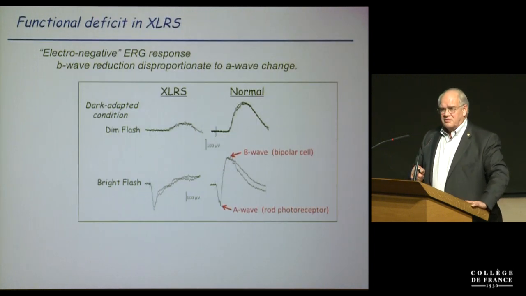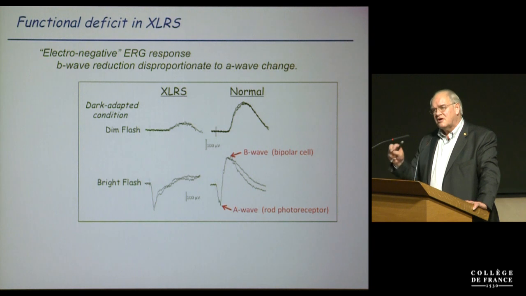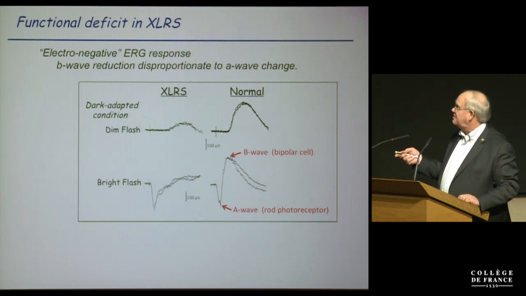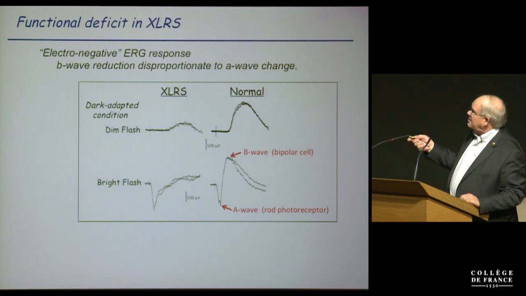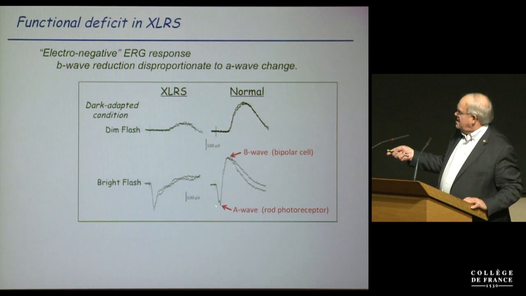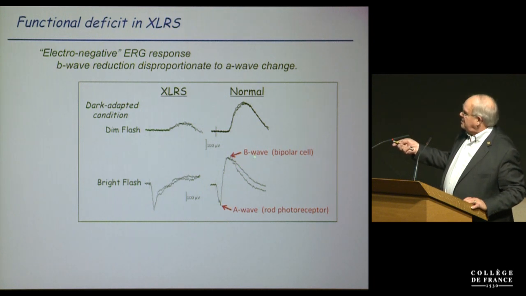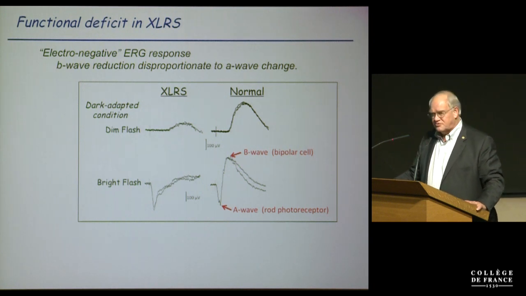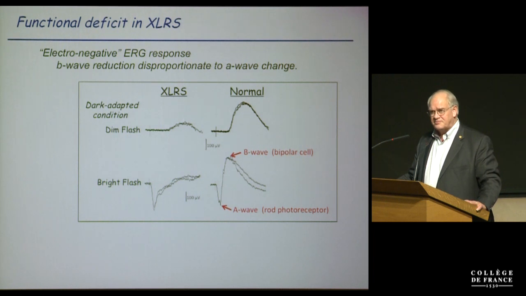Over the course of time, a second feature of retinoschisis became evident, and that was that the electroretinogram is missing the B wave. Now, in the normal, one sees an initial negative response, which is generated by the photoreceptors, and then a positive going B wave response, which comes after the synapse.